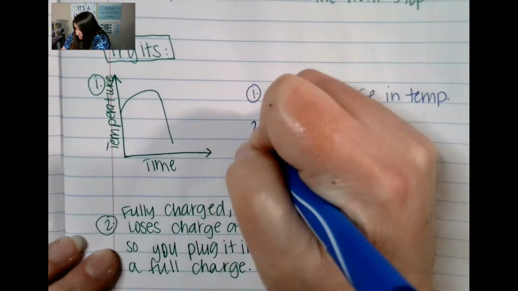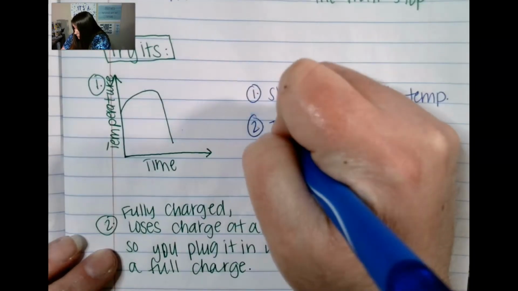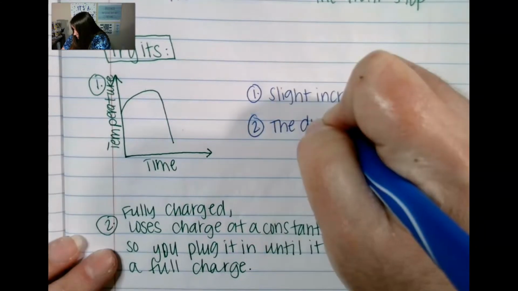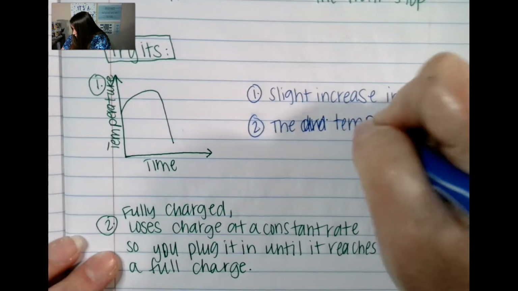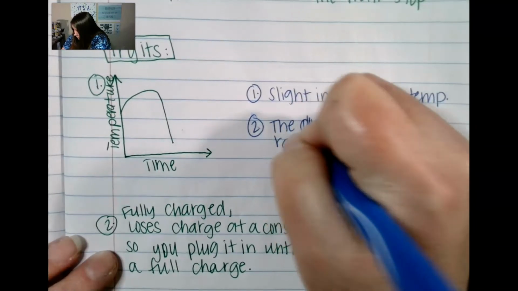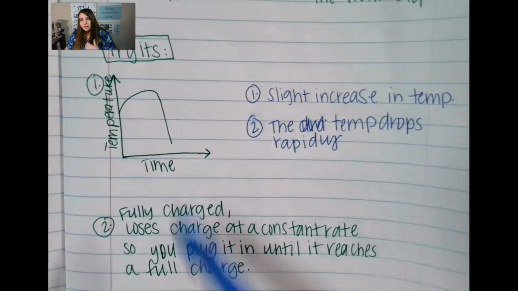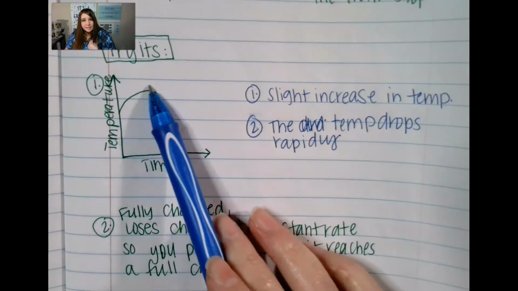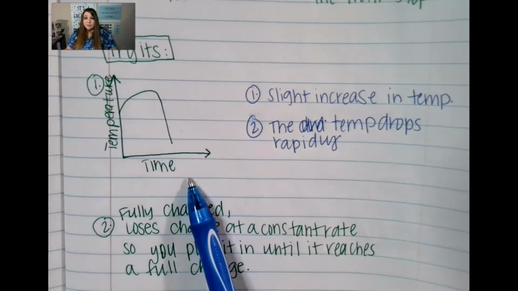And then it looks like the temperature drops rapidly. All right, so you have a slight increase. It slightly rises, and then it drops rapidly. So whatever that looks like.